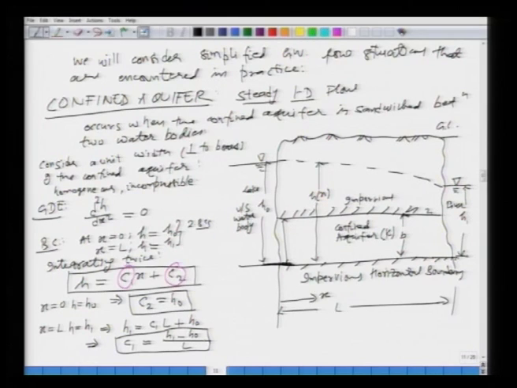We put these two values back into your solution. What you are going to get is this. This is a very straightforward or simple problem actually, in which you have this solution, h as a function of x, is going to be given by this equation, plus h naught.